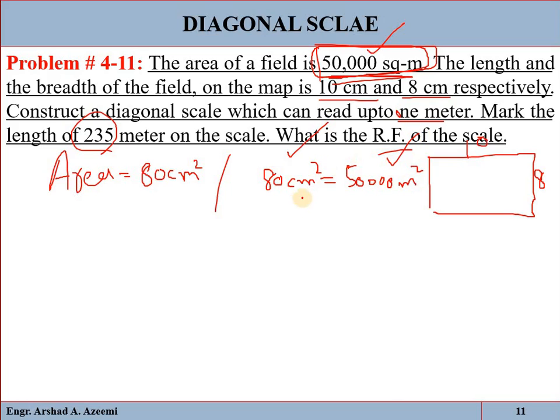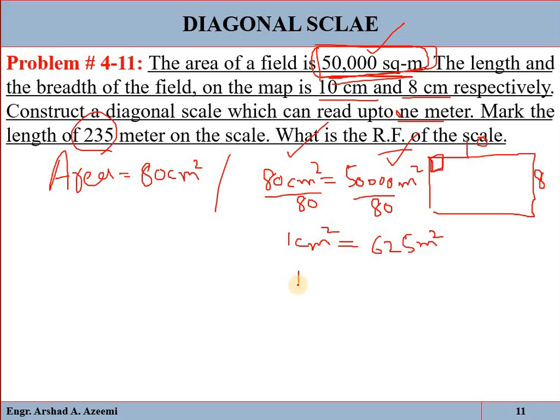So just divide both sides by 80. It means that 1 square centimeter in the drawing is representing 625 square meter in the actual. If you have 1 square centimeter area in the drawing, in reality, on the ground, it will be 625 square meter.